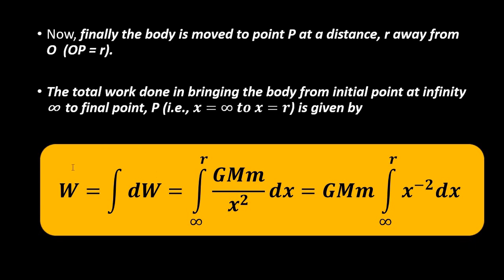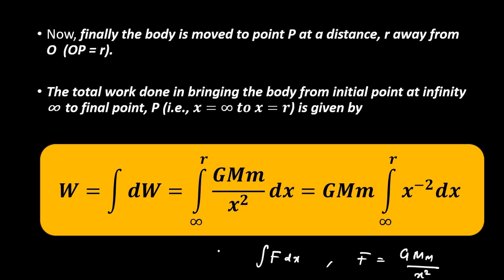by total work W equal to the integral of dW, from 0 to W, and here from x equal to infinity to x equal to R, the integral of GMm/x² dx. So this dW is actually F dx, but F is equal to GMm/x², so we have directly substituted here.